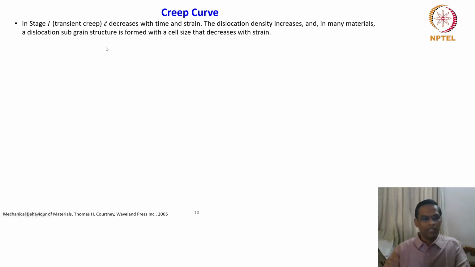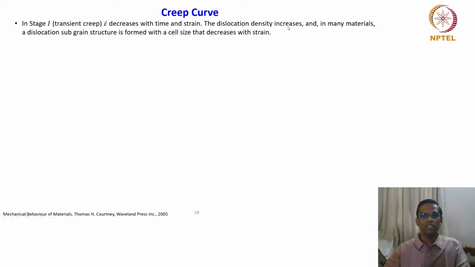So a little more insight into this creep curve. Like I said, several researchers have looked at several aspects of the deformation and their influence and implications on the material behavior. In stage 1, which is also called transient creep, the strain rate decreases with time and strain.